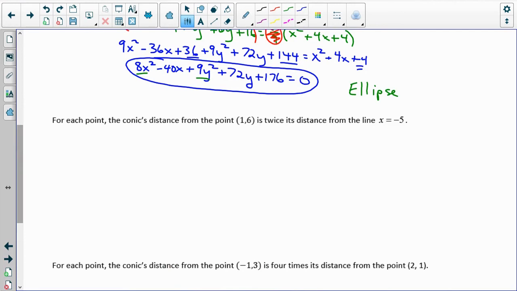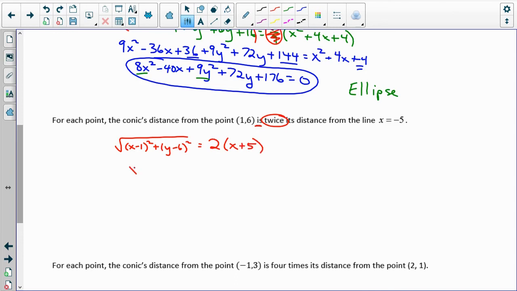For each point, the conic's distance from (1, 6) is twice its distance from the line x equals -5. So I have the square root of (x minus 1) squared plus (y minus 6) squared is 2 times (x plus 5).